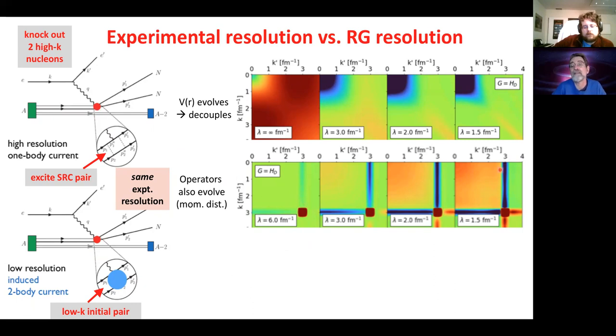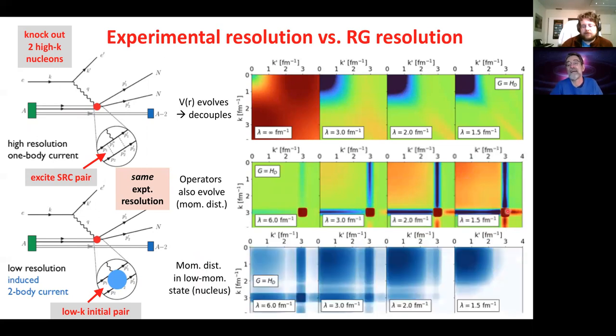As we evolve it, this part develops here. And this is this two-body part. If I now take the wave function that comes from here, which only has low momentum, and sandwich this operator in between, all that high momentum stuff goes away. So this part goes away, and you're left with a pure two-body.